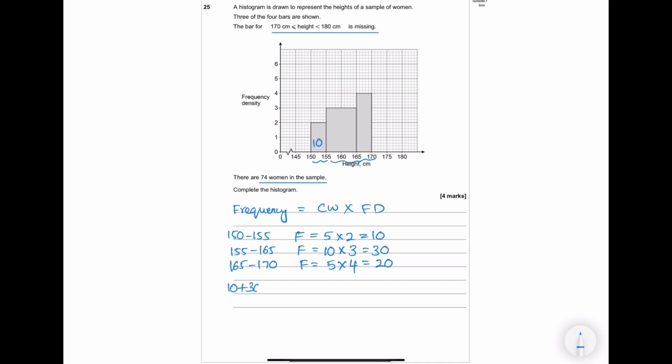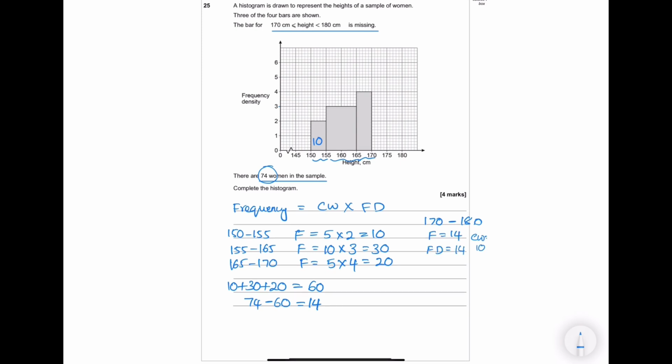If you add all these three frequencies together, 10 plus 30 plus 20 is 60, but there are 74 women in the sample, so 14 of them are in the next bar between 170 and 180. Between 170 and 180, the frequency is 14 and the class width is 10, so the frequency density is 14 over 10, which is 1.4.